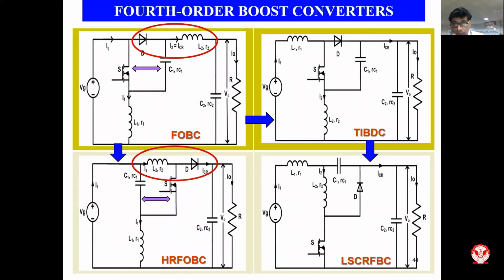It will have its own time constant, and only slowly will it allow the current to change. So a higher magnitude of inductance or capacitance will lead to slower response. On the other hand, if you remove them completely or reduce them, the steady state will be affected. So there needs to be a trade-off in the design, and you have to compromise on one or the other.